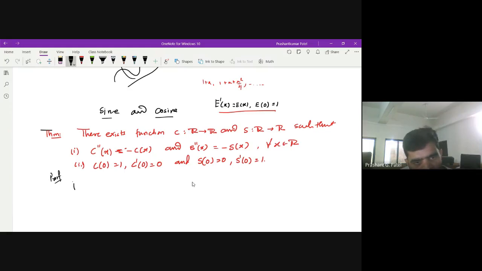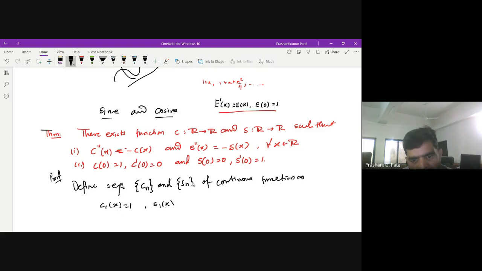So we define a sequence Cn and Sn of continuous functions as C1 of x is equal to 1 and S1 of x is x.